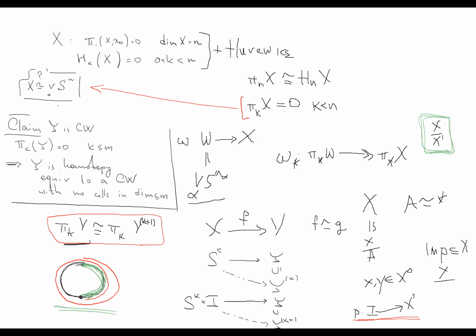For example, S^1 is homotopy equivalent to the one with exactly one 0-cell, but it's not homotopy equivalent to the one with no 1-cells. I guess it is obvious.